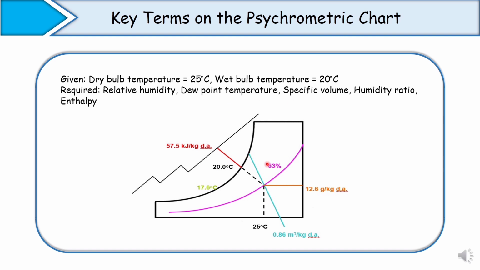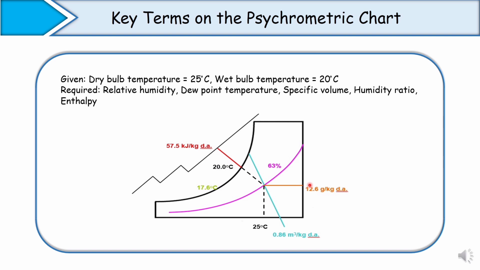You have to see where it is 20 degrees. See, both the dry bulb and wet bulb intersect at this point. From this point only, you have to see this curved line, which represents relative humidity, 63%. Even this horizontal line represents the humidity ratio value. So all the remaining properties you will get from the psychrometric chart.